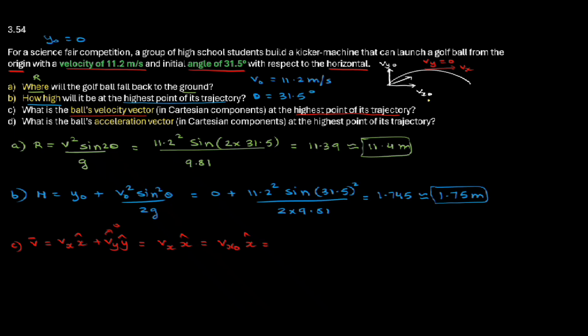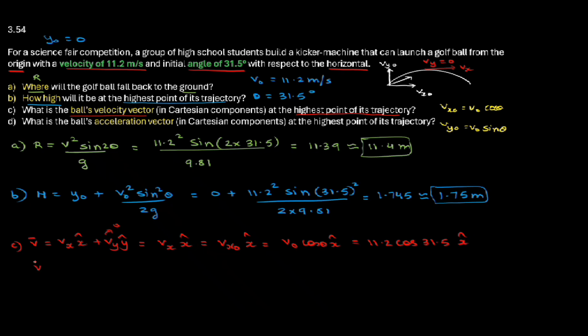We can find the initial x and y components of velocity: the x component is v0 cosine theta, and the y component is v0 sine theta. So I will substitute for the x component here. vx0 will be v0 cosine theta x cap. Let's substitute the value: 11.2 cosine of the angle 31.5 x cap.